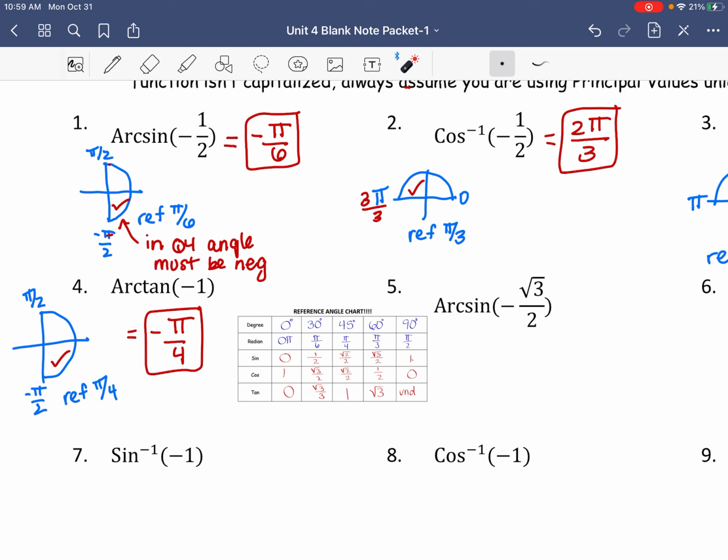Okay, let's try the next one. Arc sine, quadrants 1 and 4. It's negative. We're going to pick quadrant 4. Look at your chart. My reference angle is pi over 3. Because I'm in the 4th quadrant, my answer is going to be negative pi over 3.